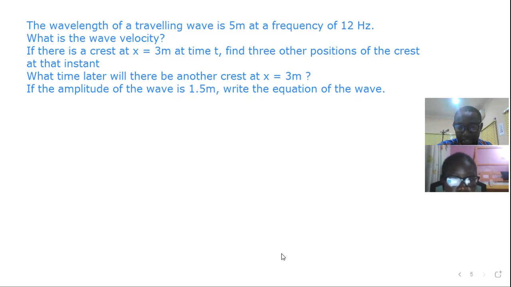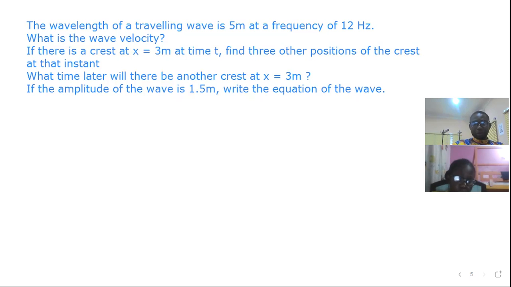And what is V? V is 60. That will be 60t minus x. So our equation will be 1.5 sine 2 pi over 5, in brackets, 60t minus x. Do you understand that? Yes.